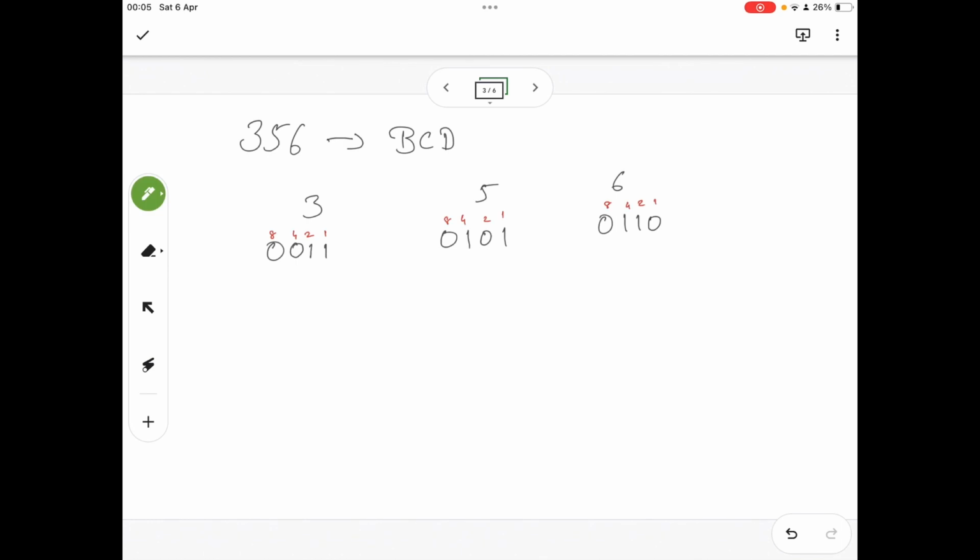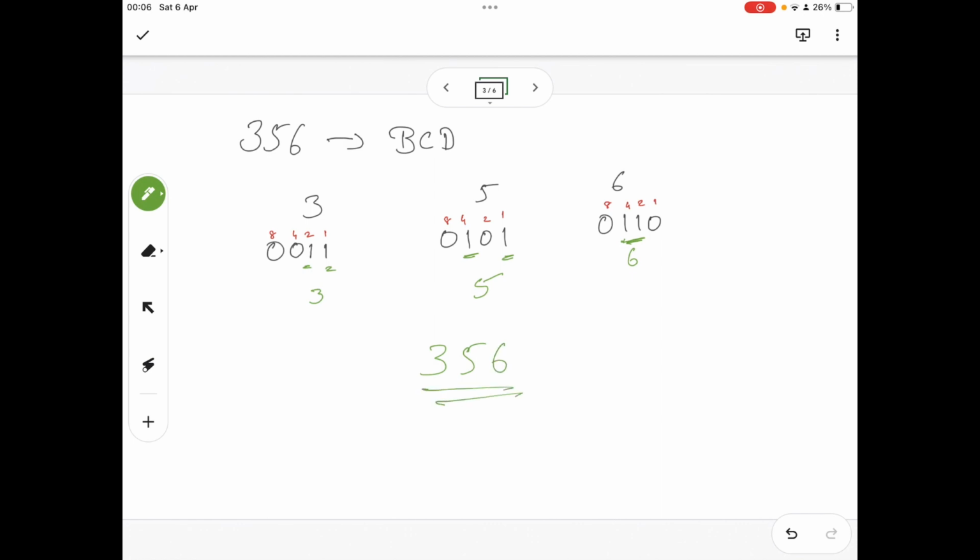Let's calculate. 4 plus 2 is 6, 4 plus 1 is 5, 2 plus 1 is 3. Combine the numbers. We don't add, we combine, or we say we concatenate the numbers. So it's 356.